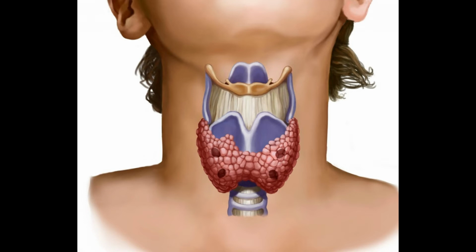Now, the classic type of condition that was usually associated with thyroid disease was goiter. And goiter is an enlarged, swollen thyroid gland that was once a problem.